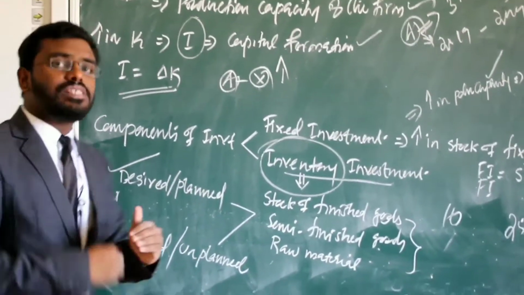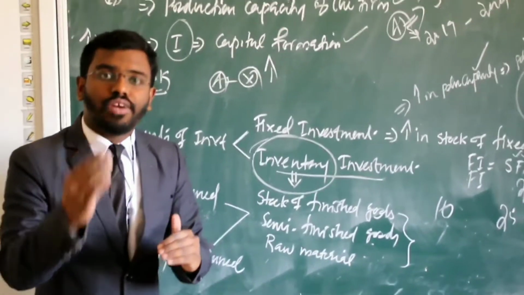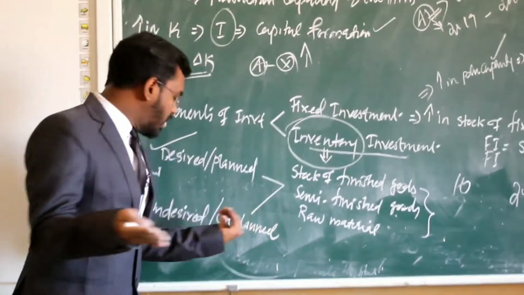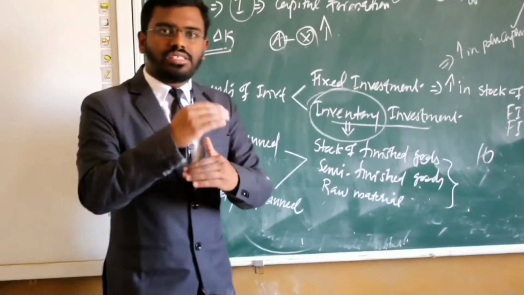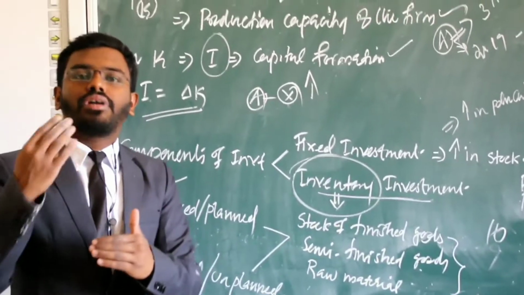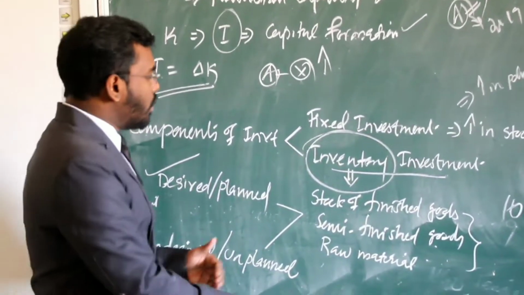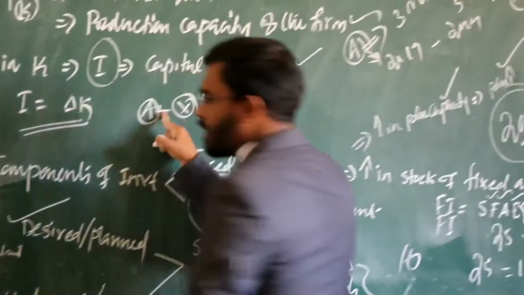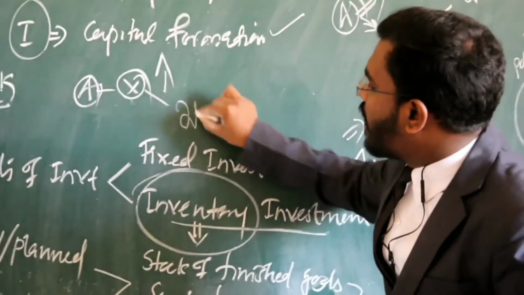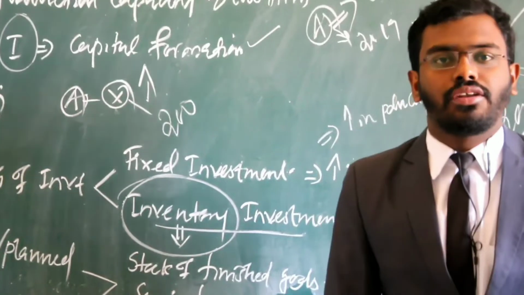Whereas undesired or unplanned inventory stock, from the name itself we can understand. Here this inventory stock is raised due to some economic recession. For example, the producer expected that in that financial year the demand for this commodity X will be 200.